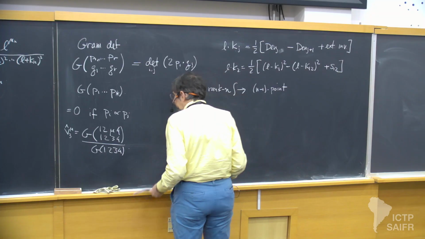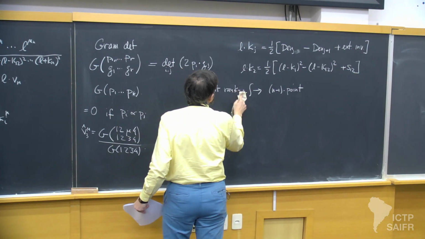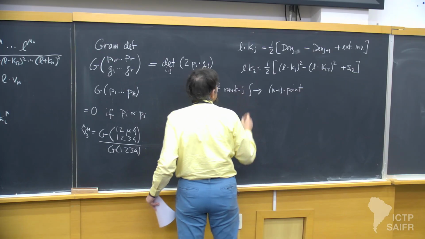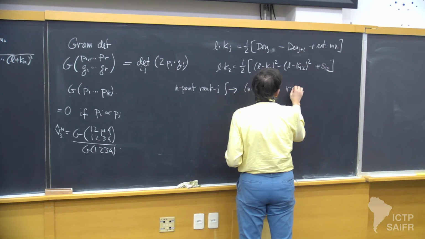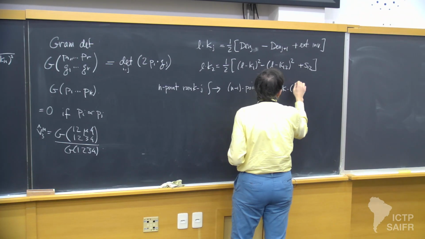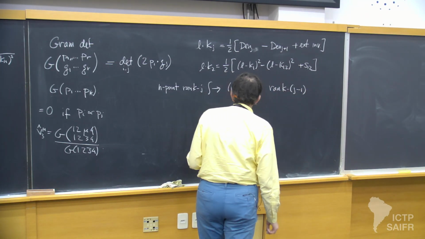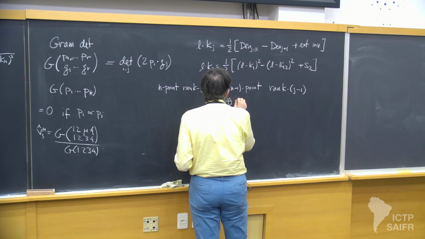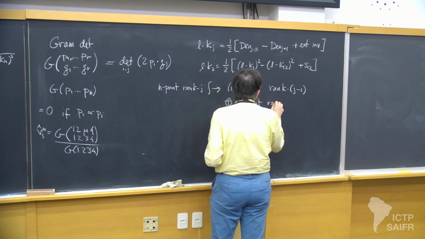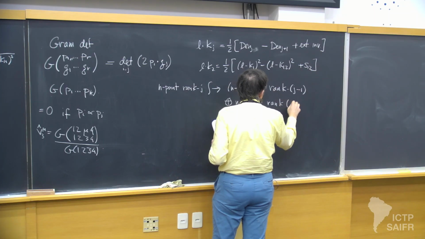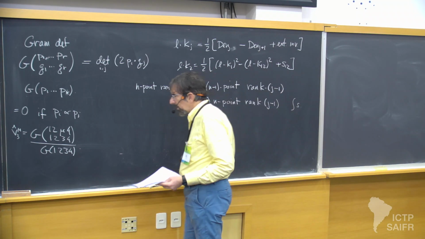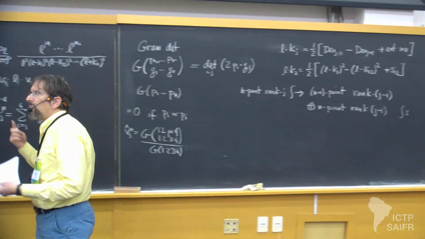Or more generally, if we'd started not with rank n, but some rank j, we could have had fewer loop momenta than maximal. Then we would write it as a linear combination of n-1 point rank j-1 and n point rank j-1 integrals. And we can now repeat this process.